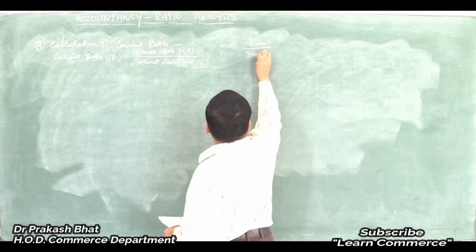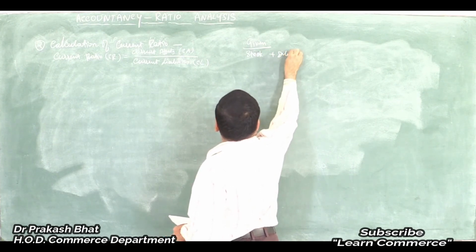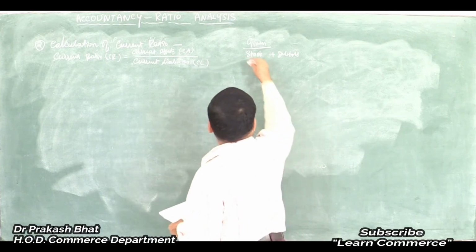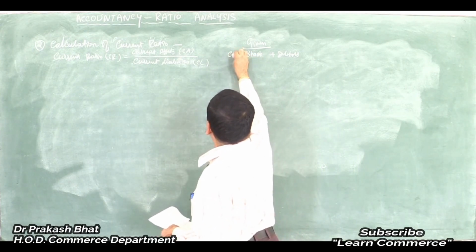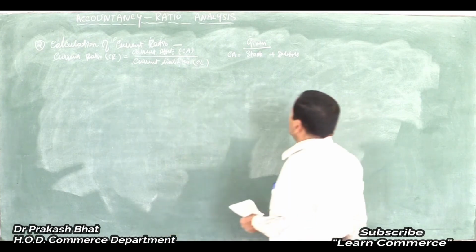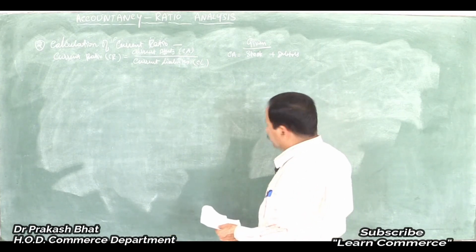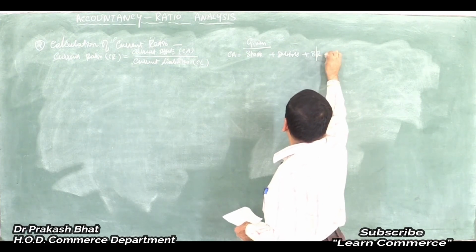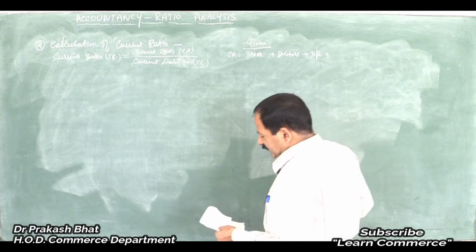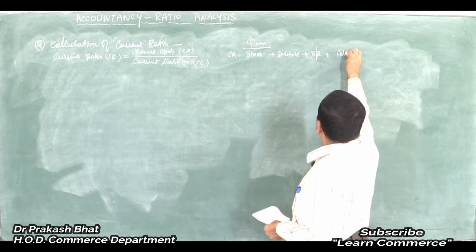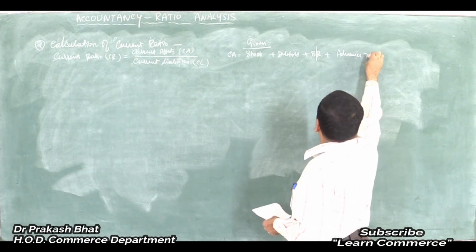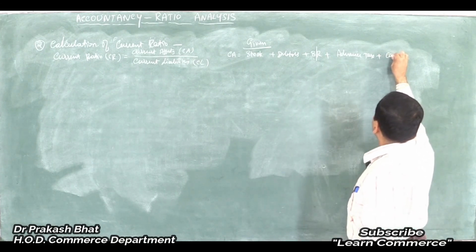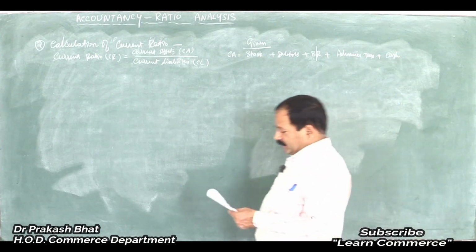CA is equal to stock plus debtors plus bills receivable plus advance tax plus cash. Write the figures.